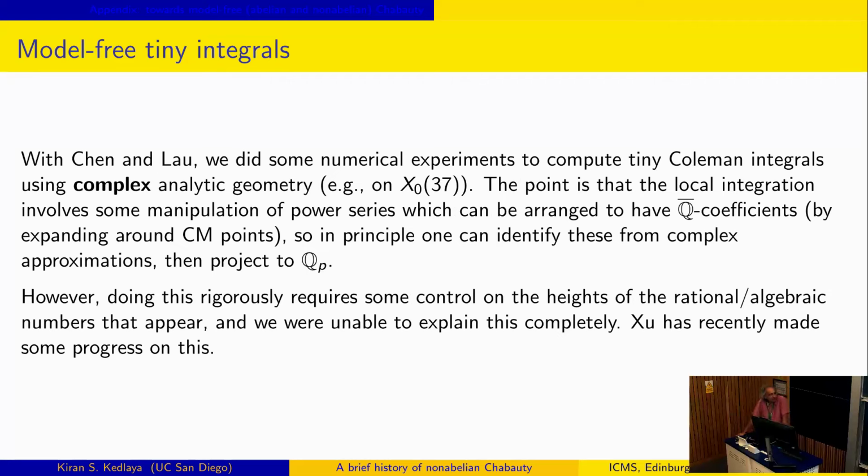There's a precedent for this, which is Edixhoven's project to adapt Schoof's method to compute Fourier coefficients of modular forms. This turned into a large book published by Princeton University Press. He and Couveignes had to work very hard to control the heights of the numbers involved.